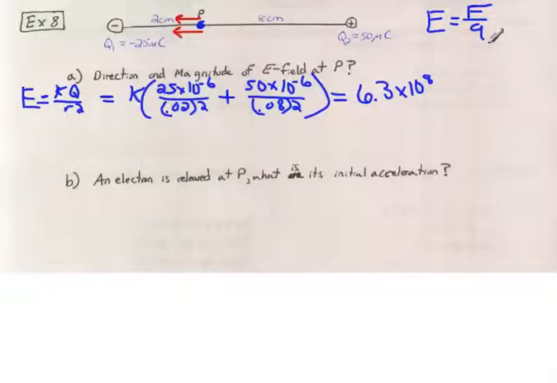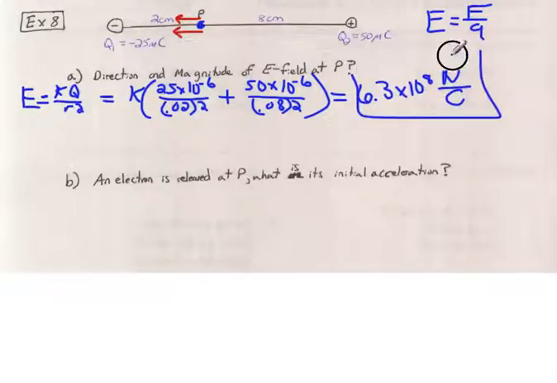So that's what the electric field is. If you want to translate this back into forces, you can just multiply by the overall charge. We're going to do that on some problems too. But anyway, the units are newtons divided by coulombs, if you think about it like that. So there's our first part.